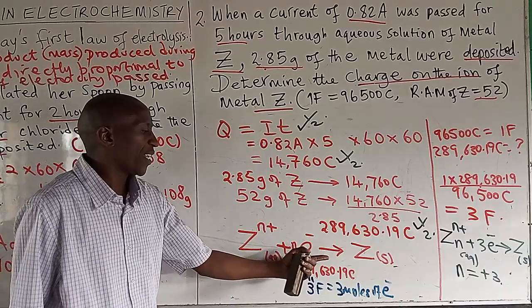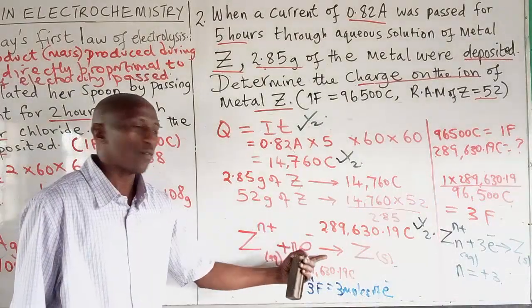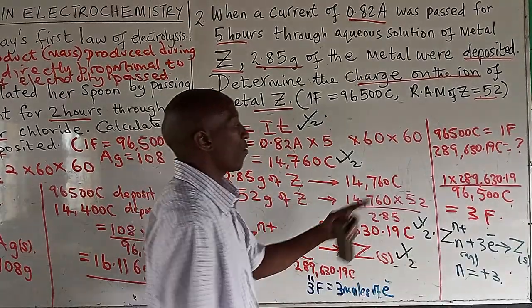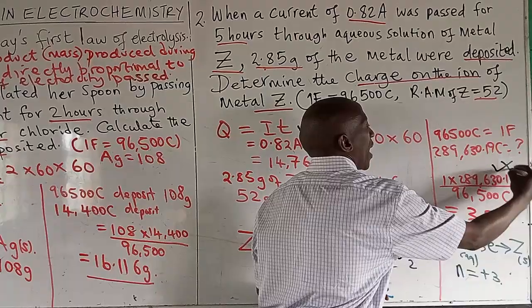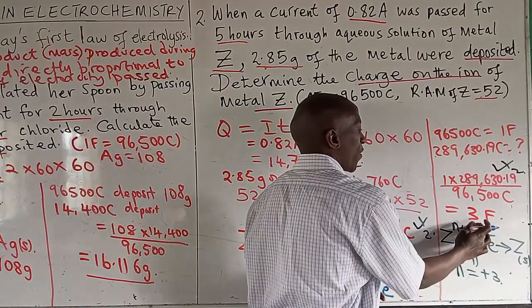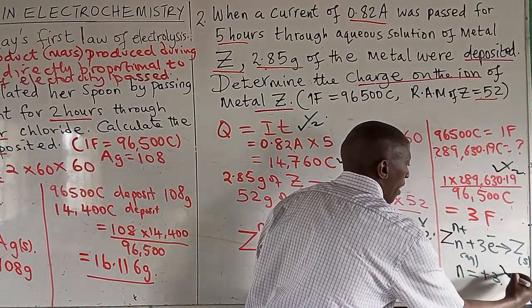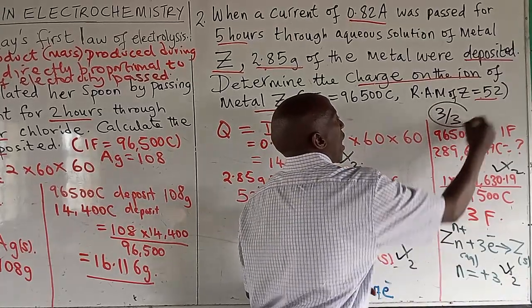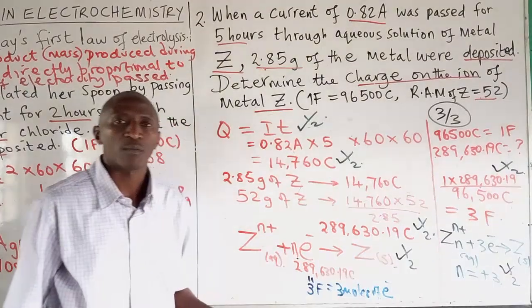Now, being able to bring down the equation earns us another half a mark, and this calculation here will earn us half a mark, and the final answer another half a mark, and that gives us 3 marks for that particular question.